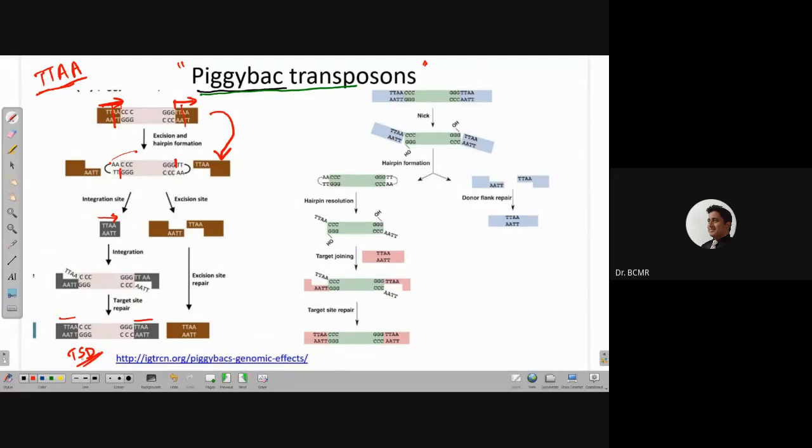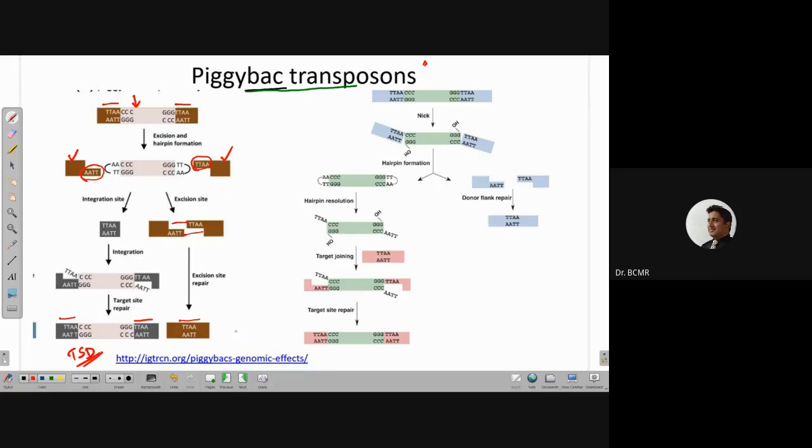But then let's see what is happening to the target site from where the transposon has just come. This is the transposon and this is the target site, TTAA, with target site duplication. Upon cutting, what happens to this part and the second part of the target? Because this overhang is complementary to the other overhang, they will just fuse and form TTAA.